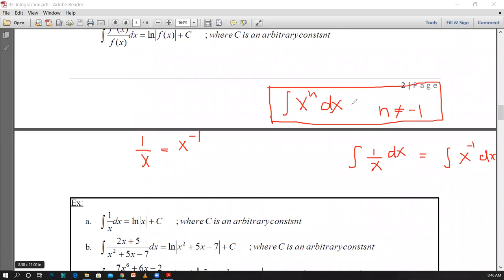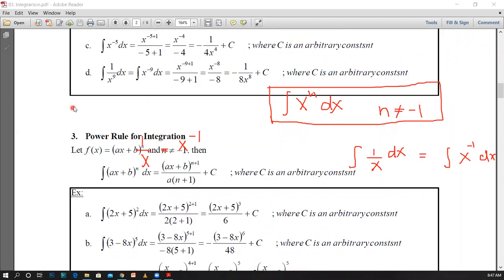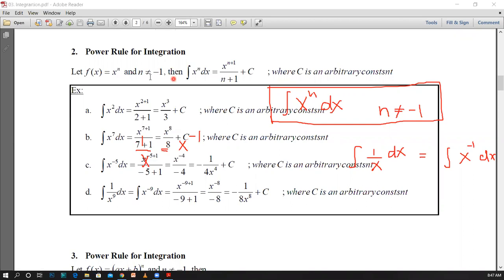This is why we used the condition that n cannot be equal to minus 1. If you apply that theorem, then it will go to an indefinite form. Once you come to this point, you can see what will happen: the final answer, with n plus 1, contains 0 in the denominator. Therefore, definitely you cannot obtain an answer.